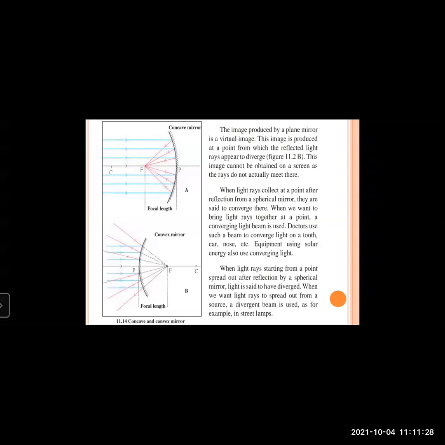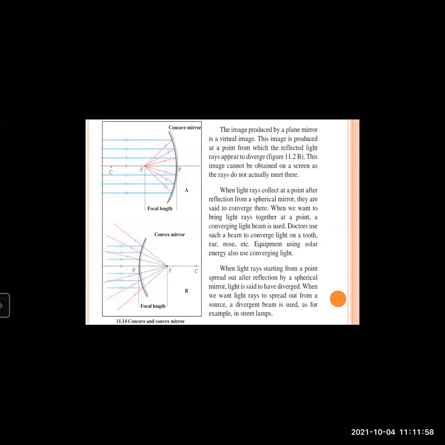When light rays collect at a point after reflection from spherical mirrors, they are said to converge there. When we want to bring light rays together at a point, a converging light beam is used. A doctor uses such a beam to converge light on a tooth, ear or nose, as an ENT specialist does.